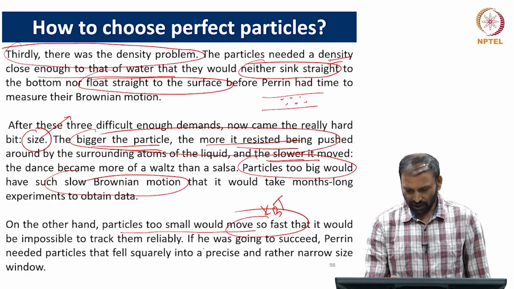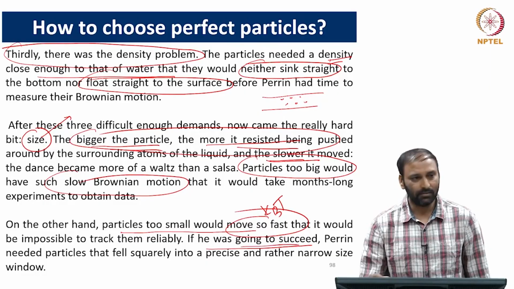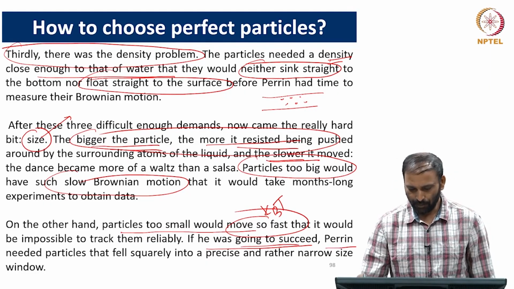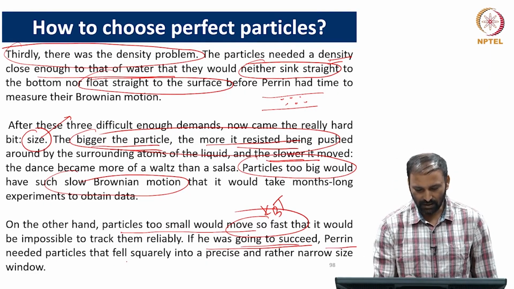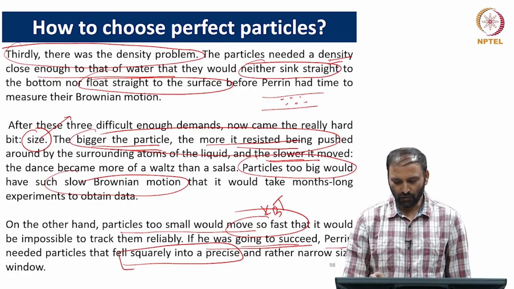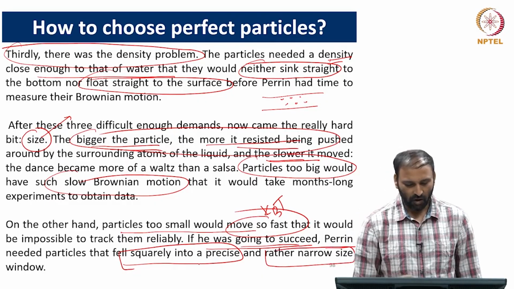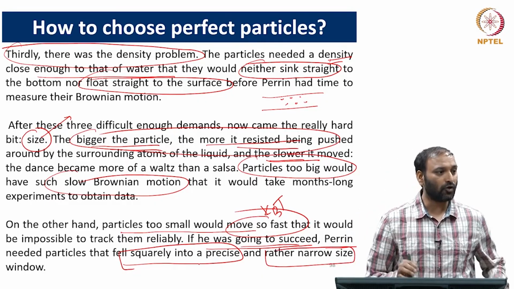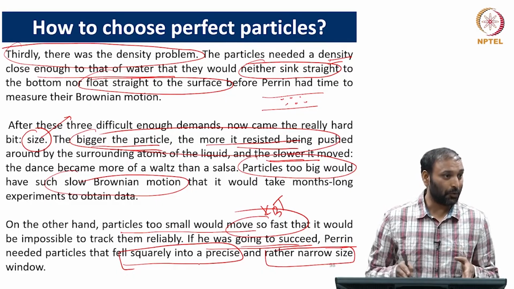So if he was going to succeed in his experiments, Perrin needed particles that had a precise size, and of course they also have to be in a narrow size window, okay.